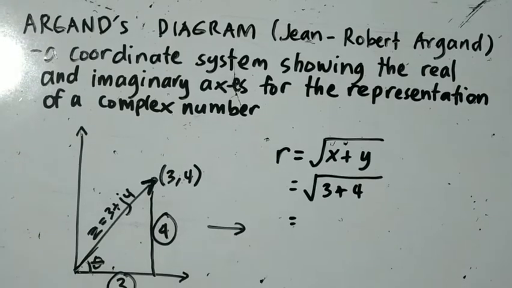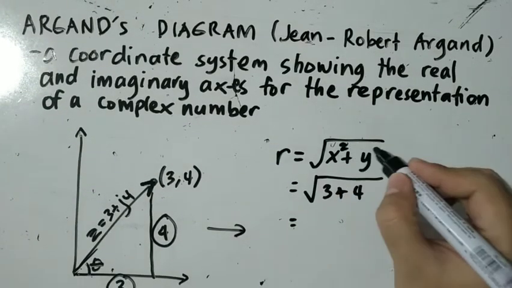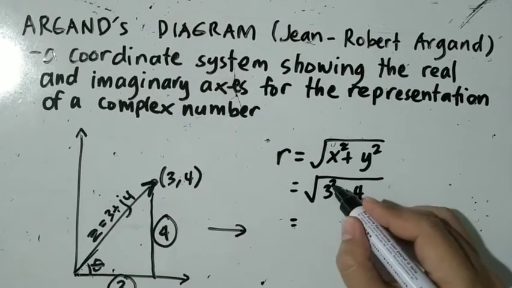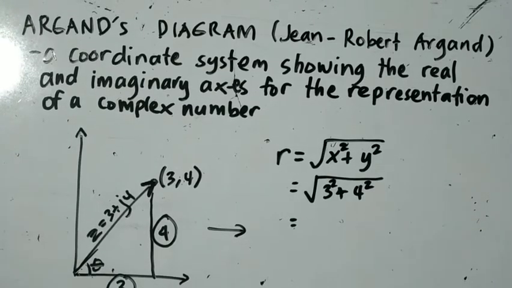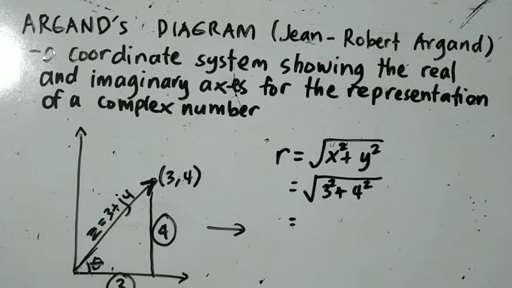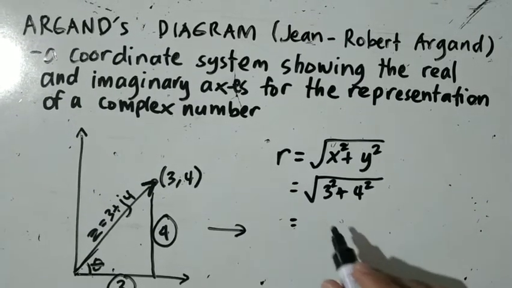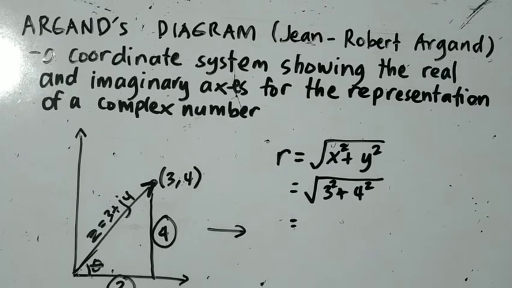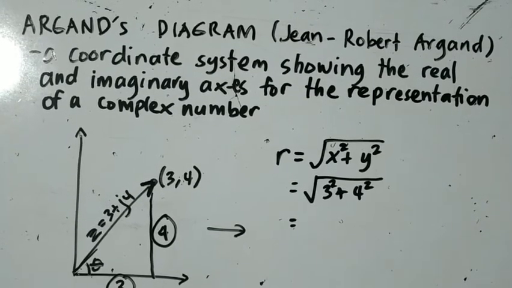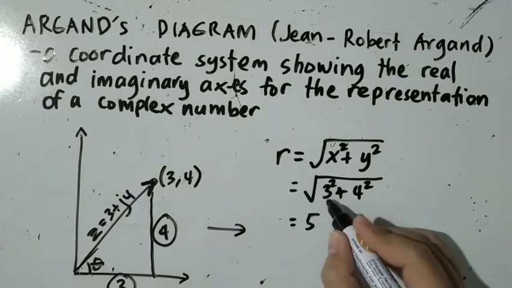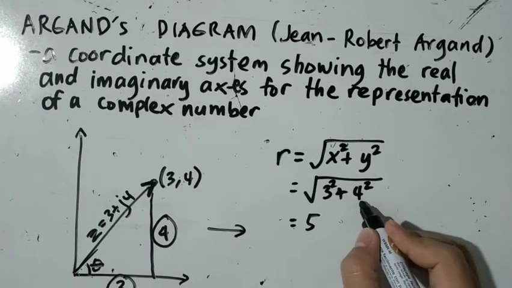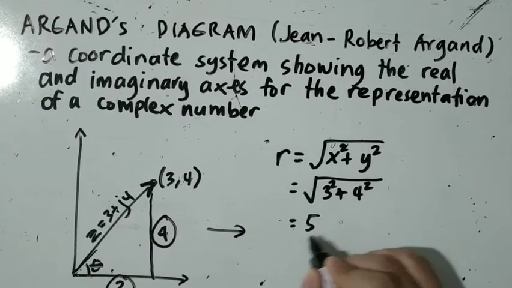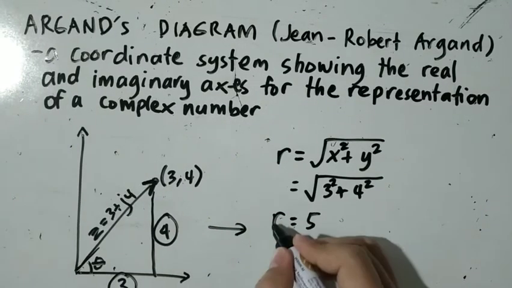Using the Pythagorean theorem, r is equal to the square root of 3 squared plus 4 squared, which is 9 plus 16, or 25. The square root of 25 is 5. So this is our r.